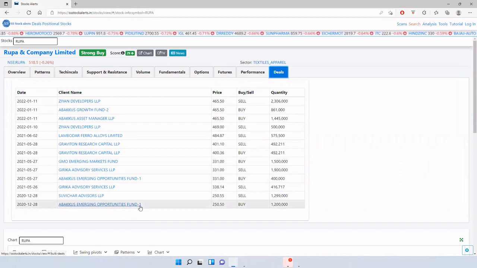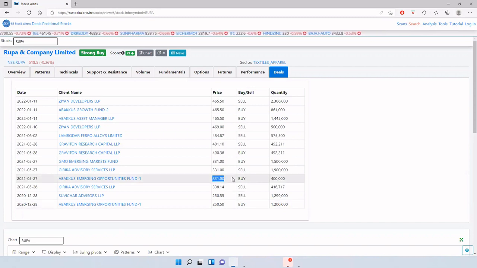This Abacus Emerging fund again bought it at 250 levels last December. So I think they are tracking the stock, and they are keeping their position in the stock, here one time and again here another time. So they are accumulating the stock.